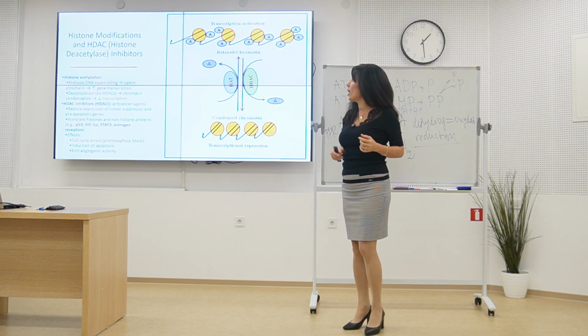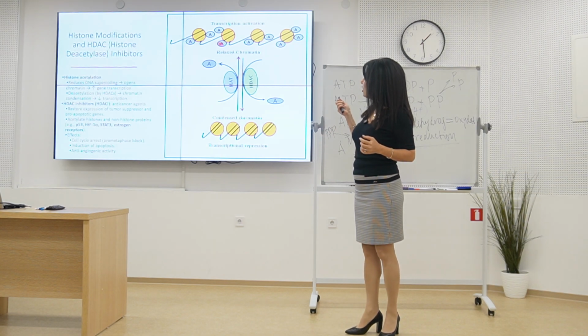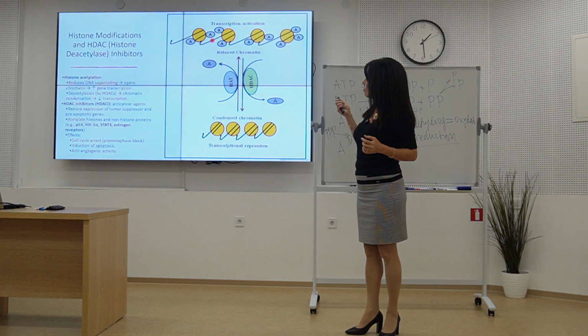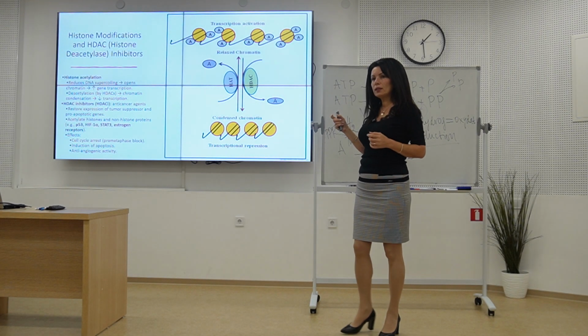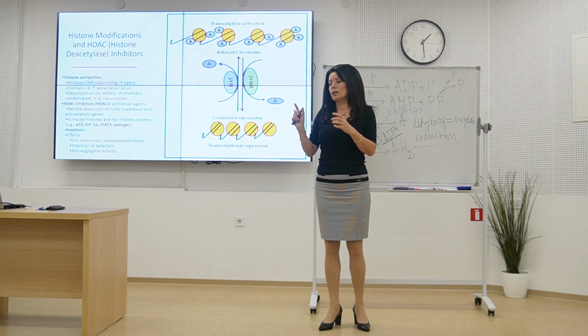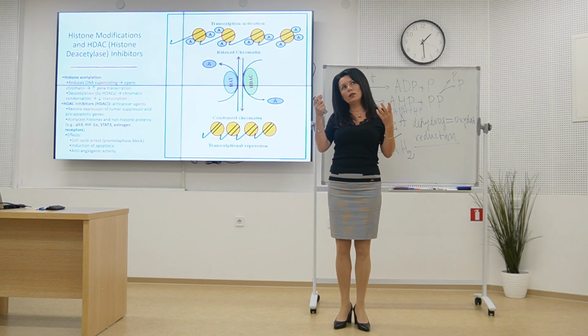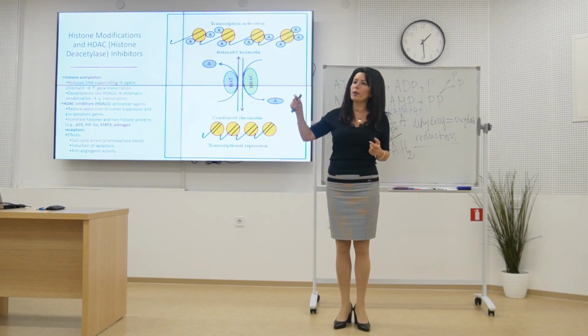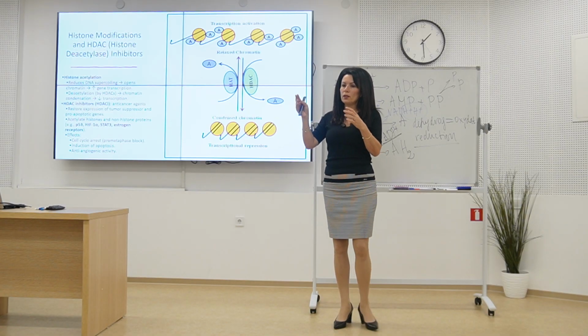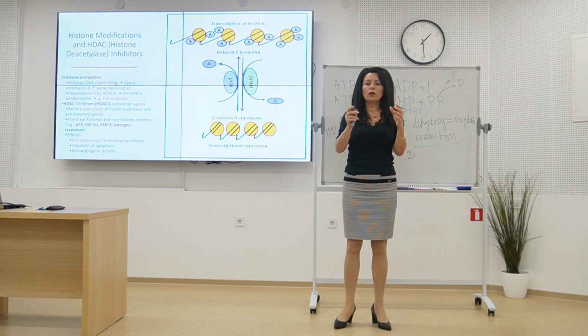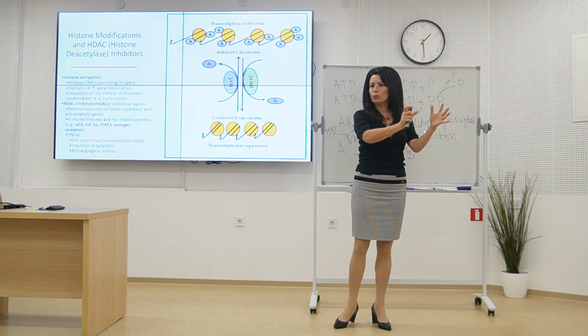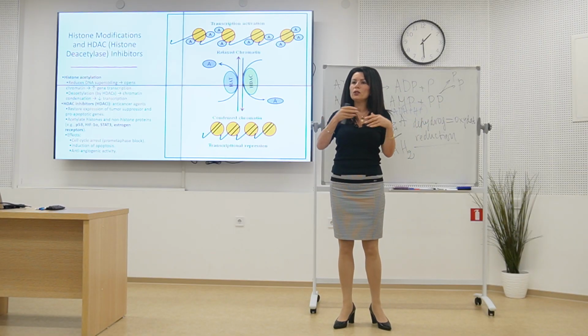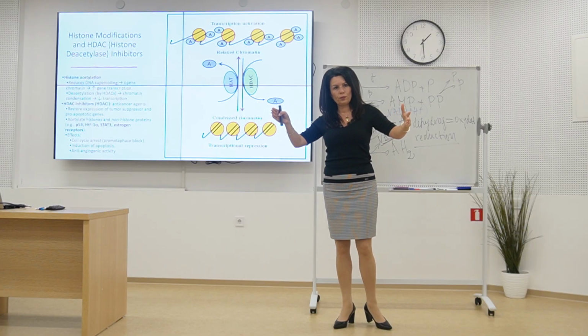acids can be modified by acetylation and deacetylation. The compound that is used for acetylation is called acetyl coenzyme A. This process of acetylation means addition of an acetyl group. Deacetylation means removing of the acetyl group.